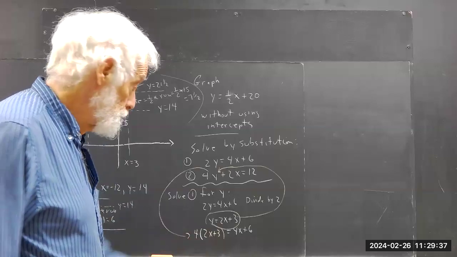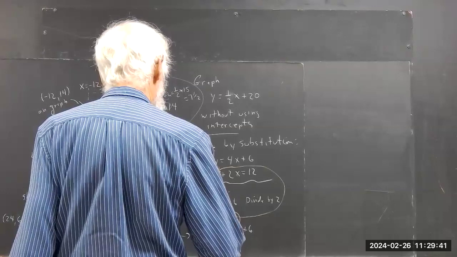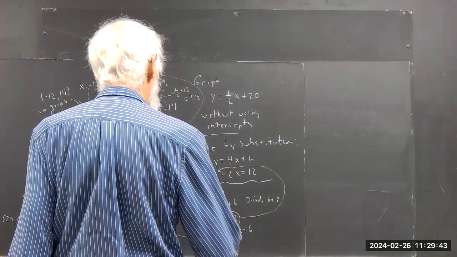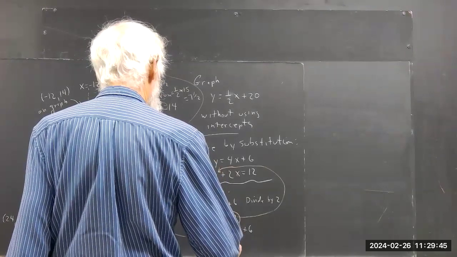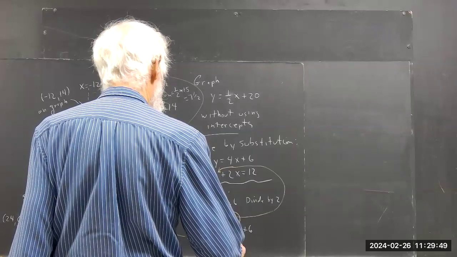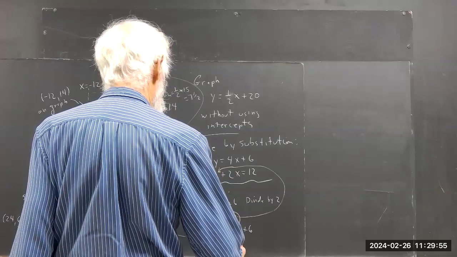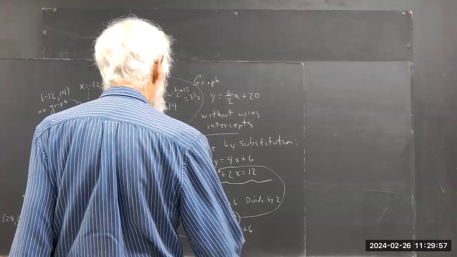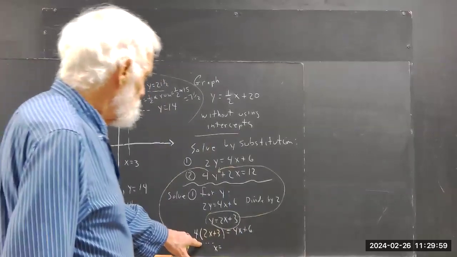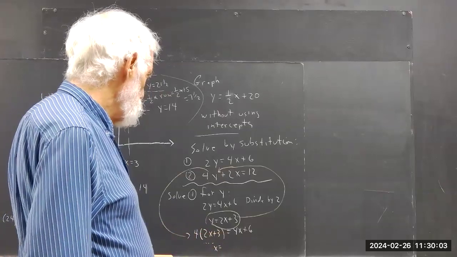Everybody did this correctly. So 3 dots. The solution is x equals, we're going to get 8x here, we've got 4x here, so we're going to get 4x on this side.